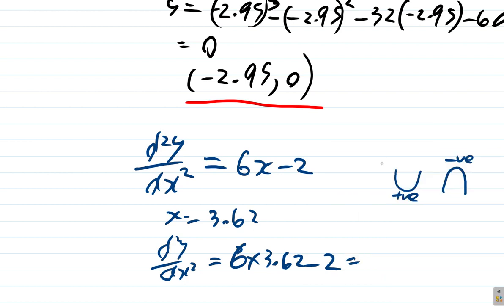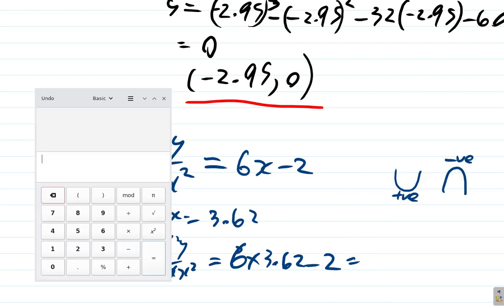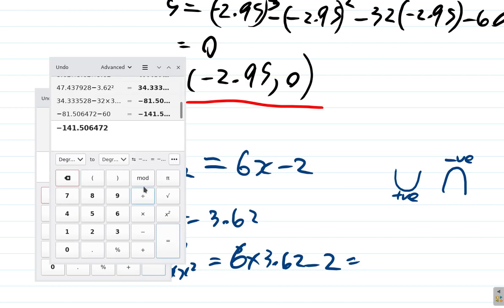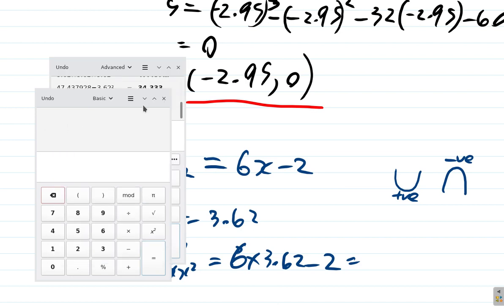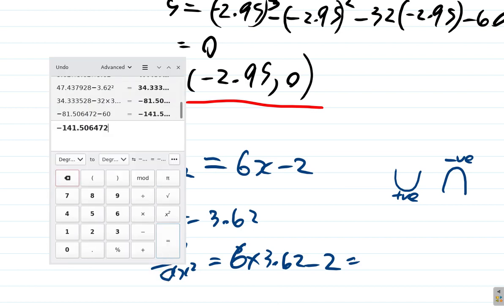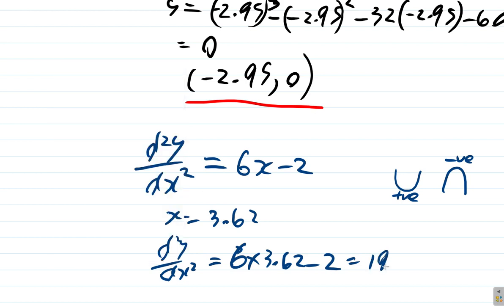So we would have 6 by 3.62, equal that, minus 2, 19.72.